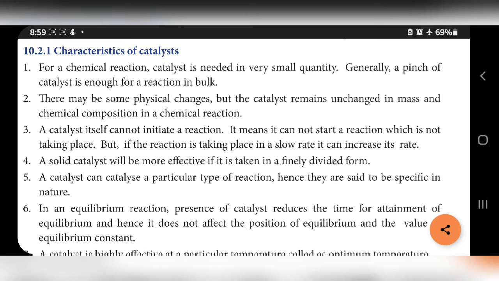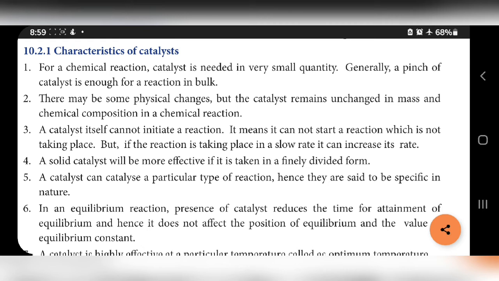Third point: a catalyst itself cannot initiate a reaction. But if a reaction already takes place at a slow rate, the catalyst can increase the rate of the reaction, but it cannot initiate it. It means it cannot start a reaction which does not take place.